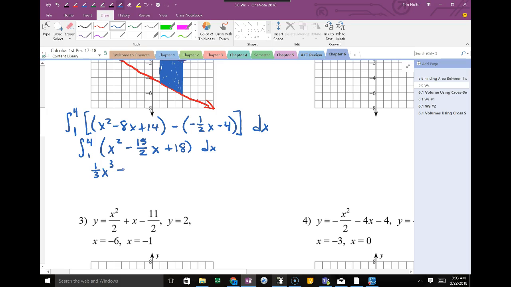It's going to be divided by 2, which is going to multiply the bottom number by 2. 15/4, good. So 15/4 x squared. And what's the integral of 18? 18x. Okay, so after you integrate, you're going to use parentheses. Use that vertical line from 4 to 1.